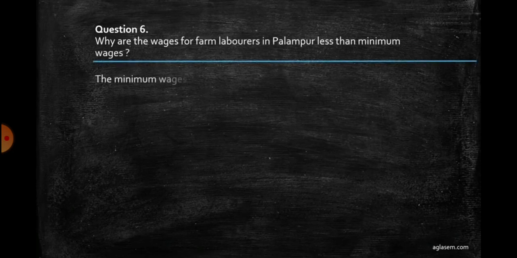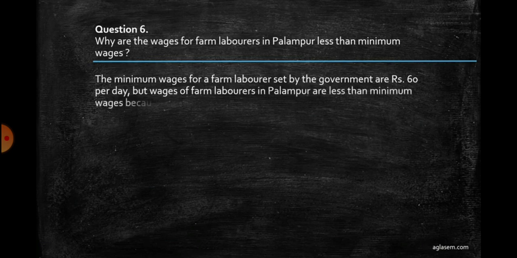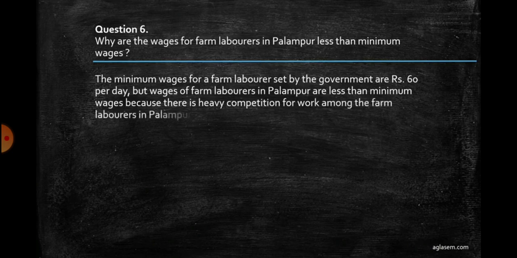The answer is the minimum wages for farm laborers set by the government are rupees 60 per day, but wages of farm laborers in Palampur are less than minimum wages because there is heavy competition for work among the farm laborers in Palampur. So people agree to work for lower wages.